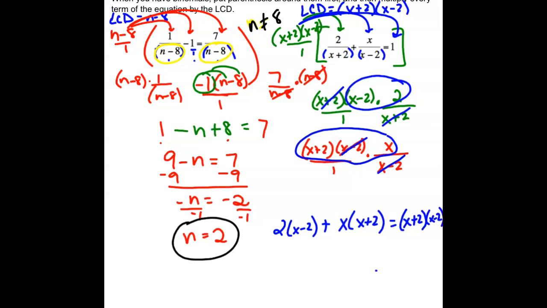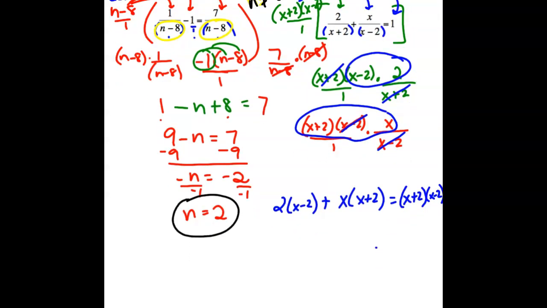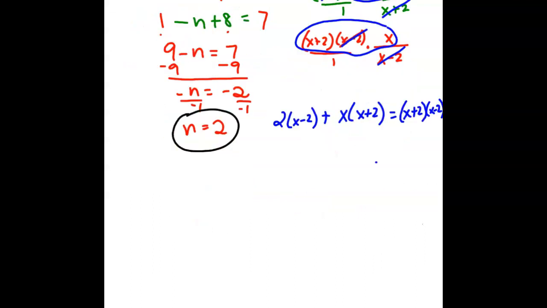All right, now we have to clean this up a little bit. So let's go ahead and distribute. We get 2x minus 4 plus, we get an x squared plus 2x. On the other side, when we FOIL that out, we end up with x squared, insides outsides will cancel, and a minus 4 for the last term.